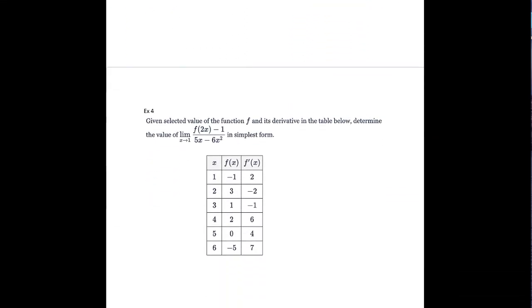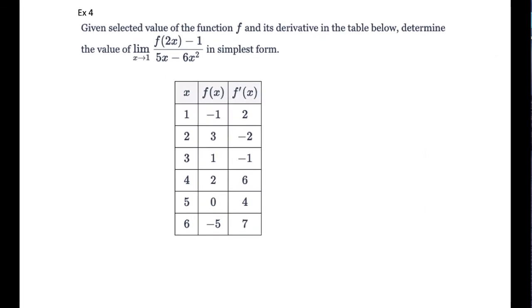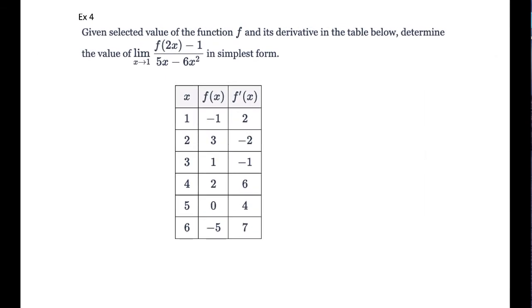I think there was one more example where I say, okay, well, let's do it with a table of values. Again, just kind of gauging what's happening. This is going to be f, just to see what happens, f of 2 times 1 minus 1 for the numerator, and then this is 5 minus 6 for the denominator.